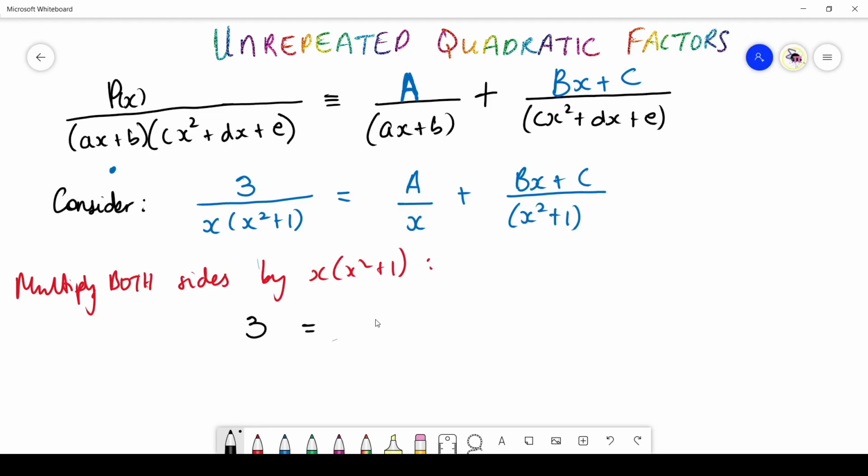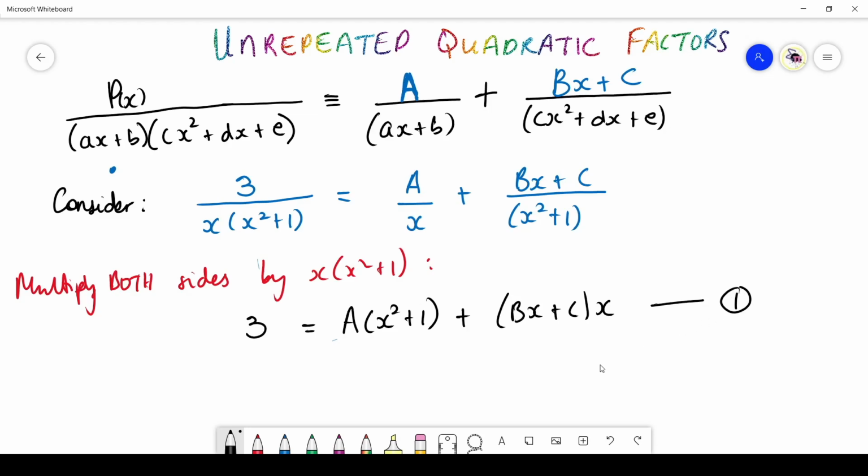And on your right hand side, if you multiply A on x by that entire thing, the x's will cancel such that you'll get A times x squared plus 1. Similarly, for your second part of that numerator, if you multiply bx plus c, that x squared plus 1 is going to cancel and you're just going to get x next to it there. And if you want, you can call that equation 1.